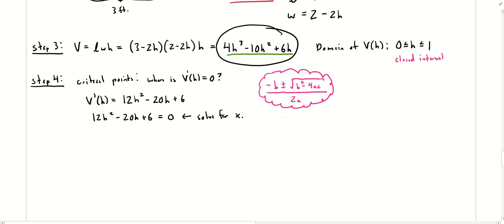If I use my quadratic formula here, I'm going to get negative b, so positive 20, plus or minus the square root of negative 20 squared minus 4 times a times c, all divided by 2 times a.